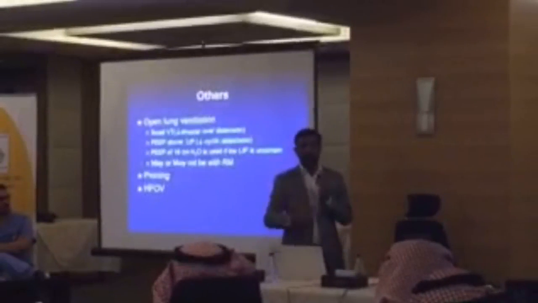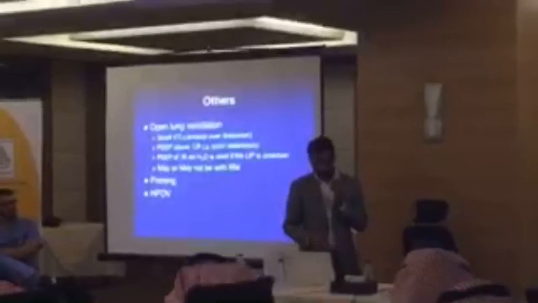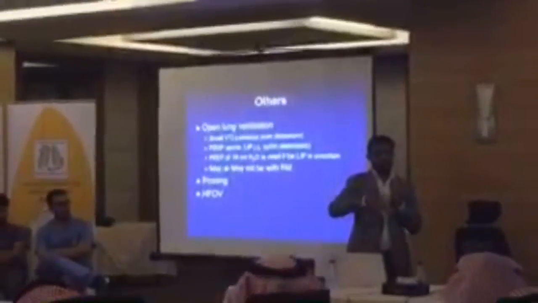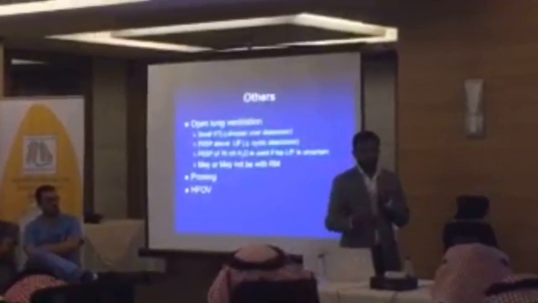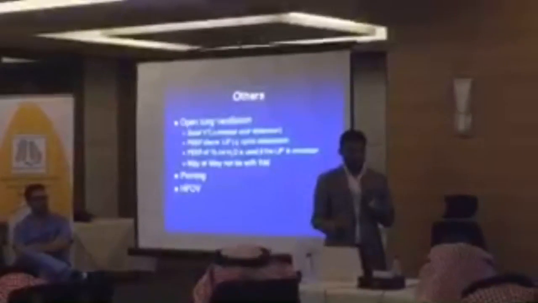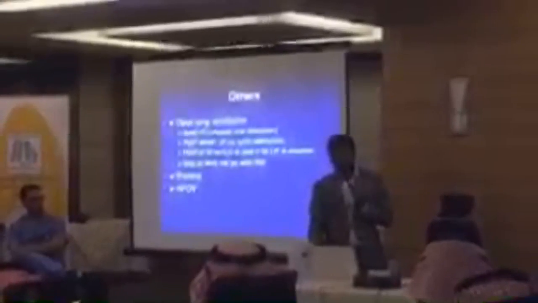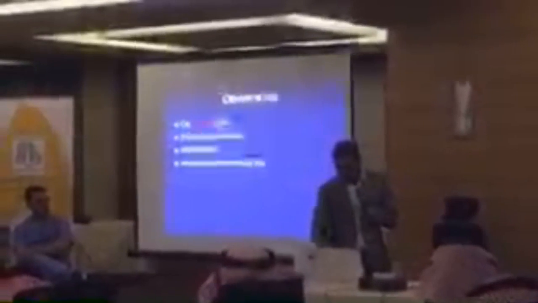This is how proning acts as lung protective ventilation. Also, in proning, if you give a higher tidal volume, it is less likely to injure the lung than in supine. Understand? I also discussed high frequency and how it comes under open lung ventilation.